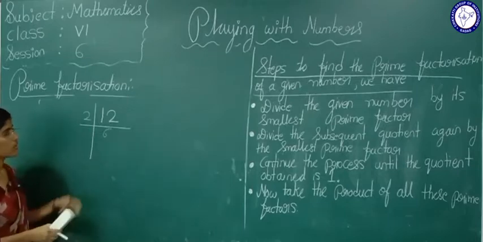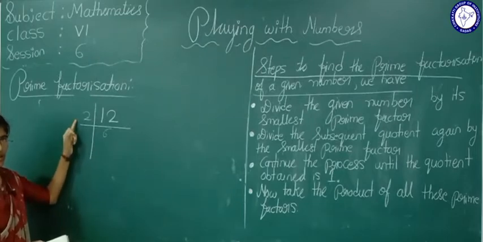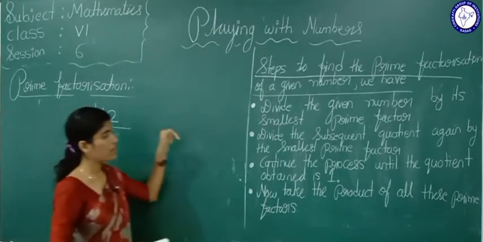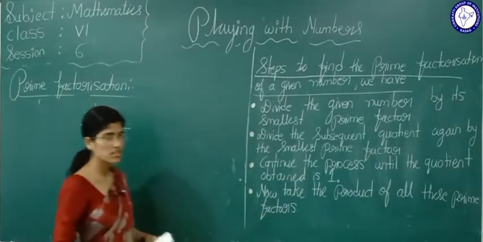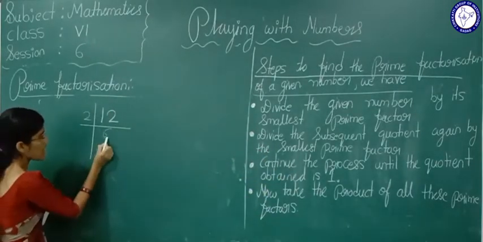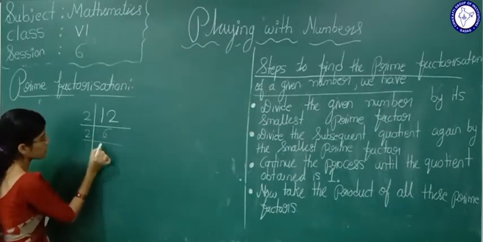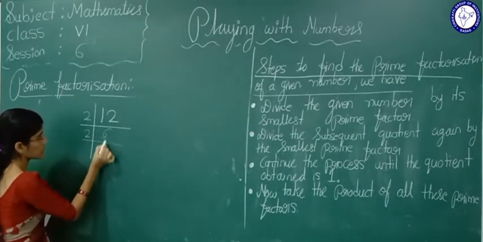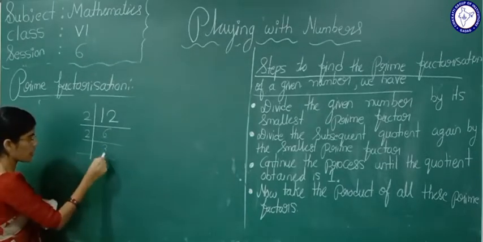Now we have divided the given number by its smallest prime factor. Now, divide the subsequent quotient again by the smallest prime factor. Say this is the quotient, right? So again we have to divide this. Now see here, 2 3s are 6. Again we got the quotient 3.